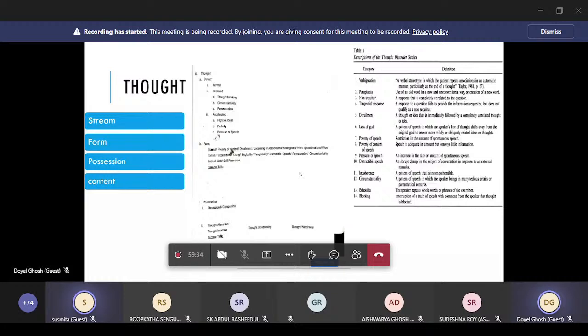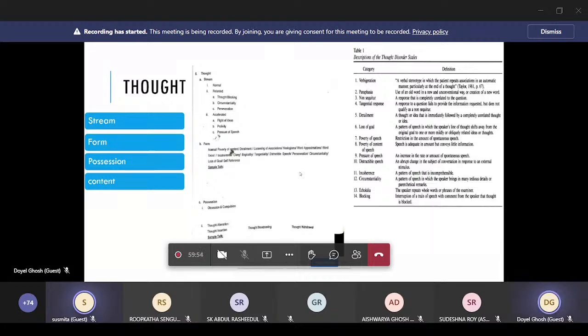Maybe it started with a breakup, and I am preoccupied with that thought. Maybe it started with the death of a family member, and I'm thinking and thinking about it. I cannot detach myself from that. So that is the preoccupation.